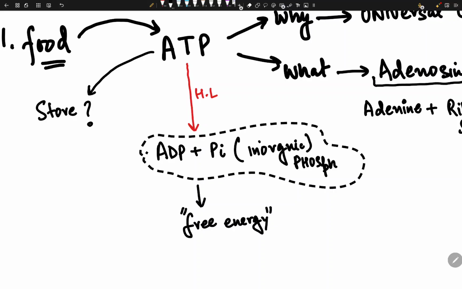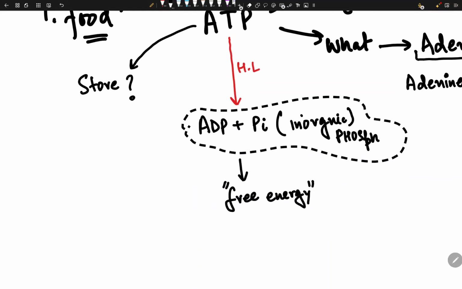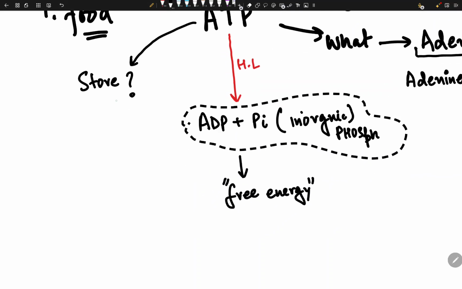Well, we cannot actually, we can, but it's very expensive to store ATP because ATP is super duper reactive. It's unstable and it's very expensive to maintain, okay? So your body stores very little ATP, right? Just enough for only seconds if production stops, okay?